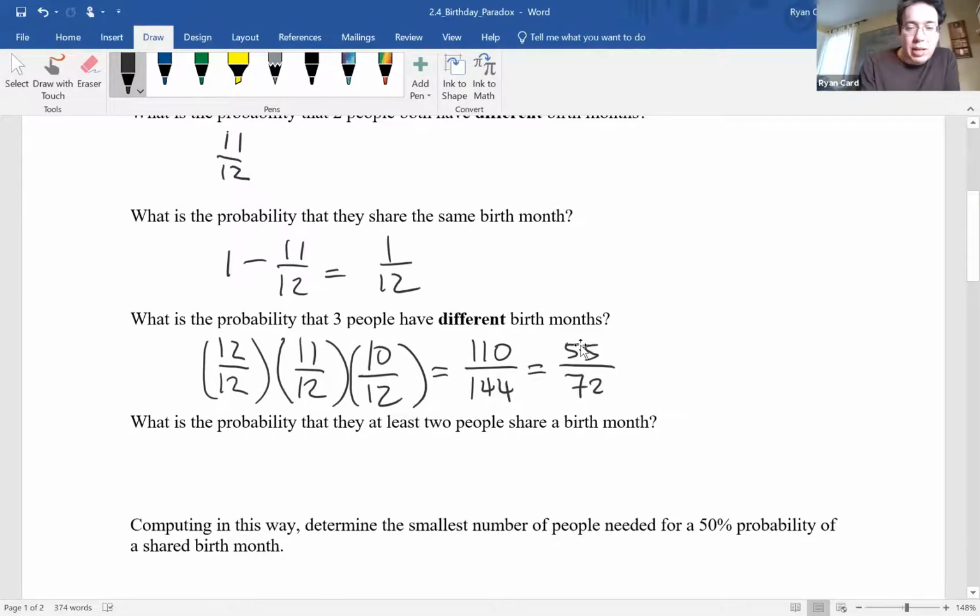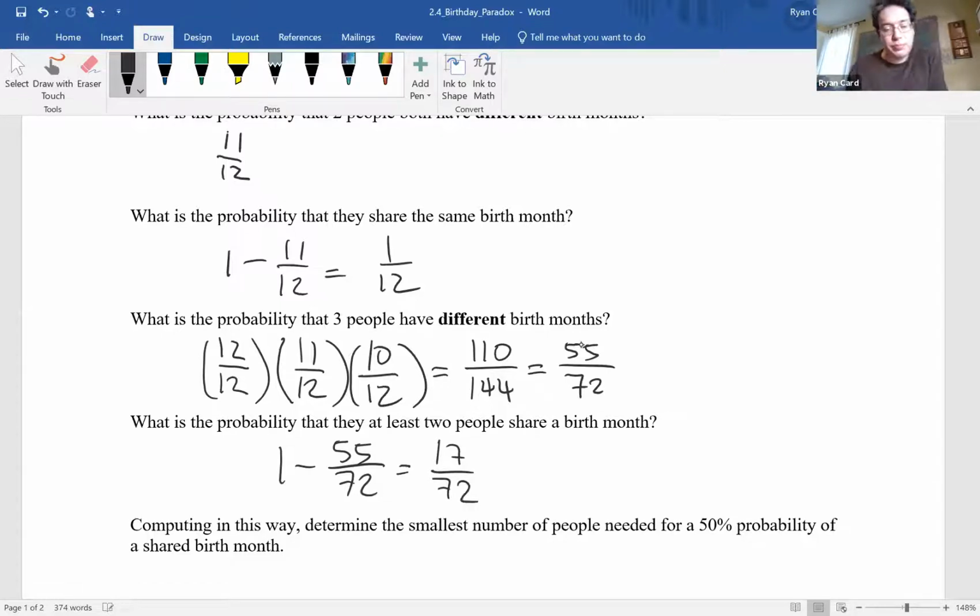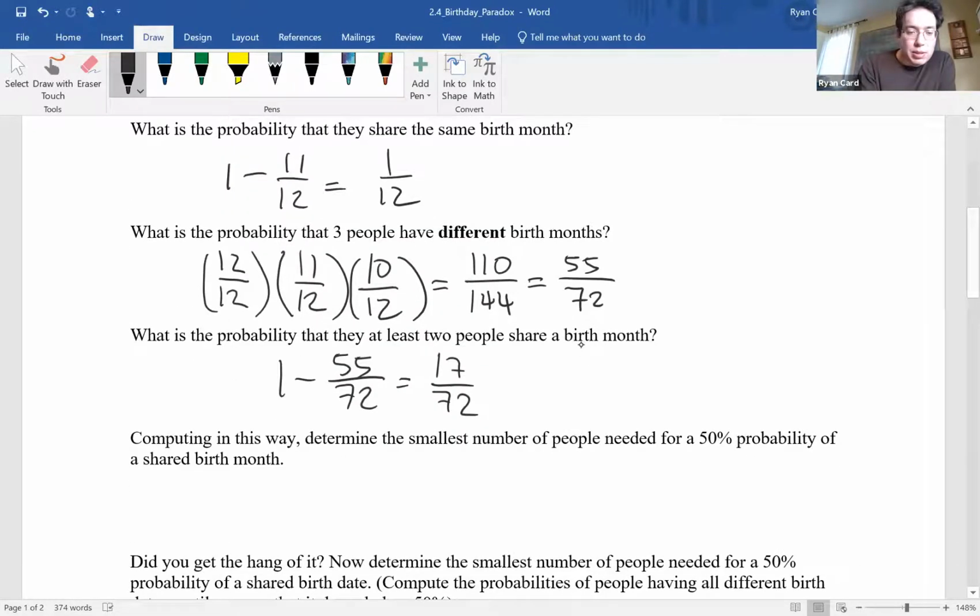The probability that at least 2 people share a birth month is 1 minus that, so 17 out of 72. I hope you get the pattern on how to compute this. For the next person, you just continue the pattern.